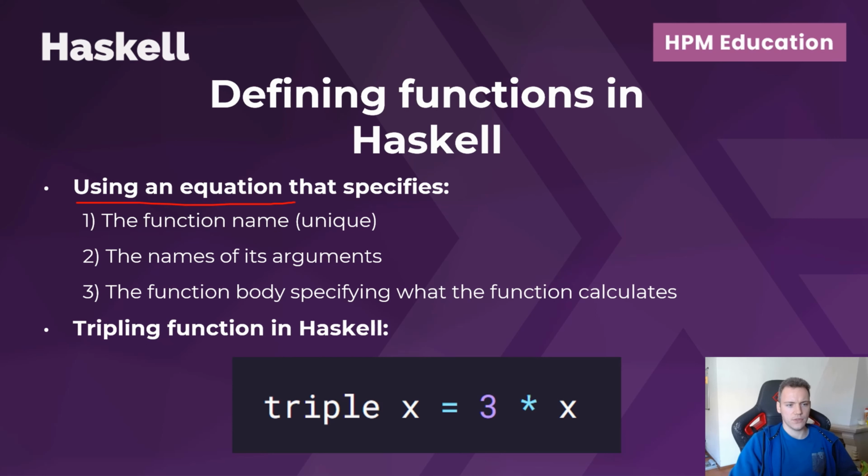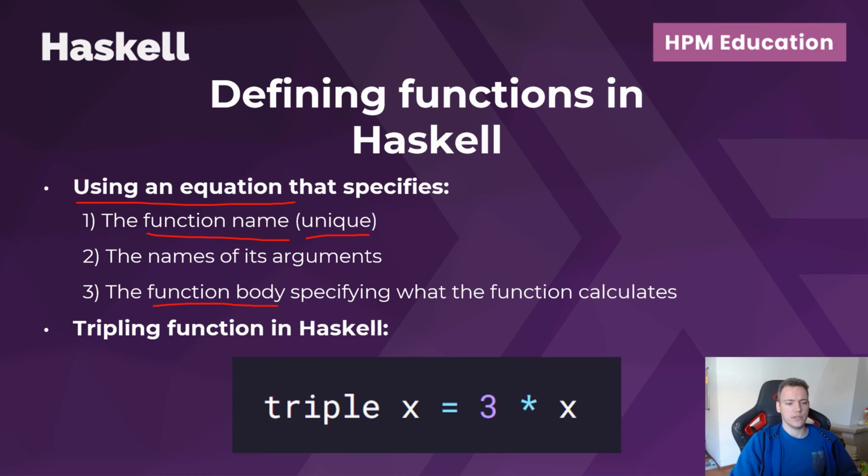First of all, the function name, which must be unique. Secondly, the names of its arguments, or one argument or many. And thirdly, the function body. And the function body specifies what the function actually does. The function body comes after the equation sign.